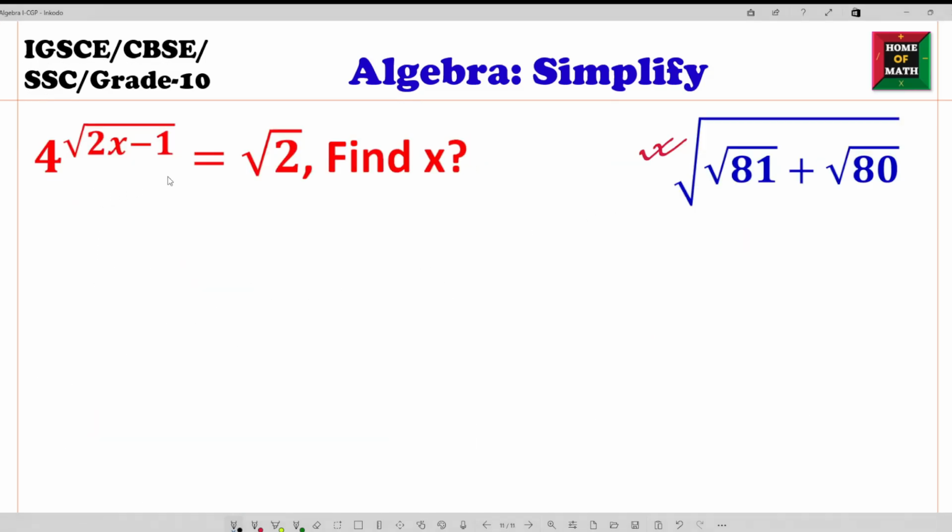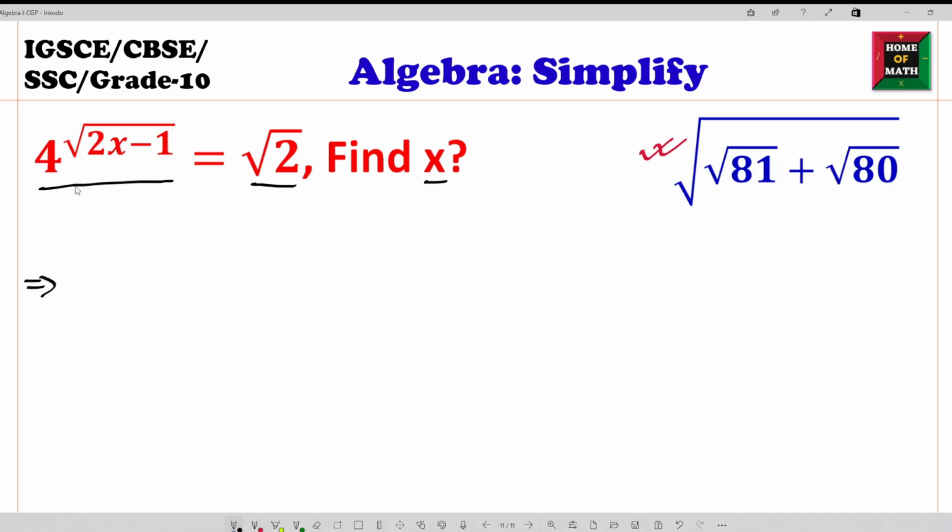From this equation we have to find out x. Here is 4 to the power root 2x minus 1 equals to root 2. This one we can solve in a different way. So I'm trying.